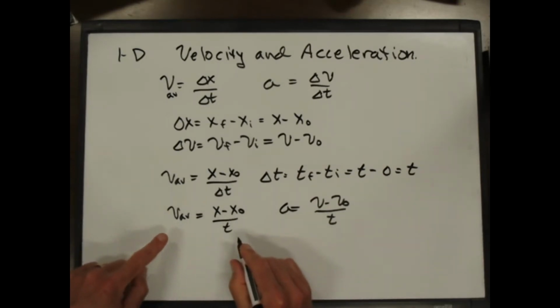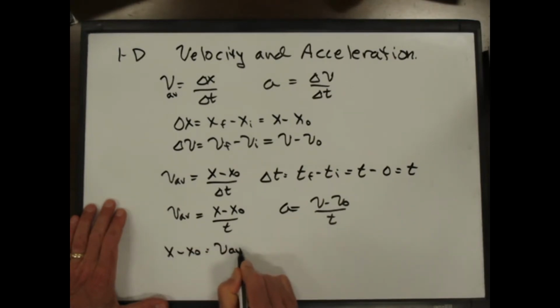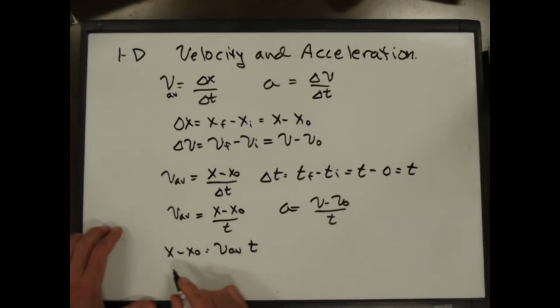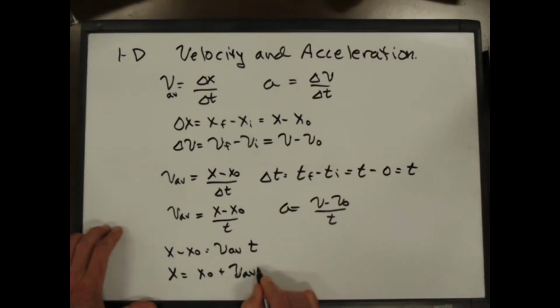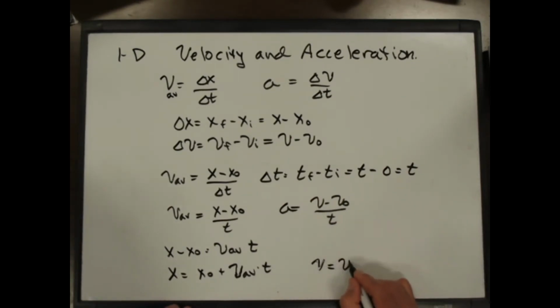Now we can rearrange these, and this one becomes x minus x naught is equal to v average times time, if I multiply both sides by time. Or I can say x is equal to x naught plus v average times time. Similarly, I can do the same rearrangement here, and I can say v is equal to v naught plus the acceleration times the time.